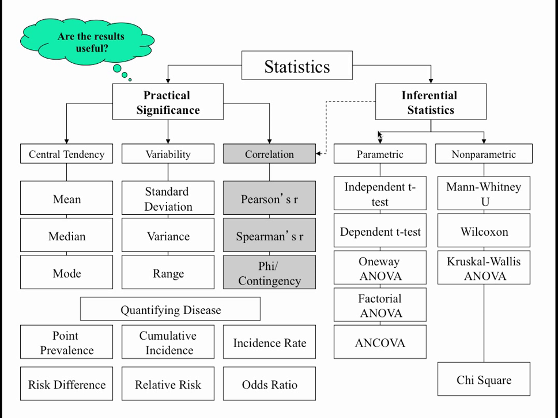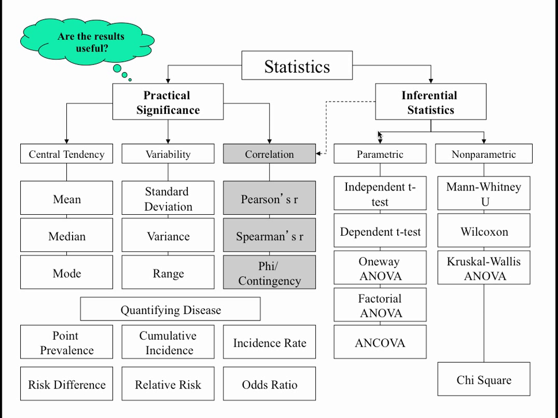Correlations, and if we notice, correlations are grayed out, so to speak. The reason why correlations are grayed out is that the correlation coefficient, and again we'll take a closer look at this later in the course, is actually a descriptive measure. However, when most researchers run a correlation analysis, they also associate a test of significance with that.